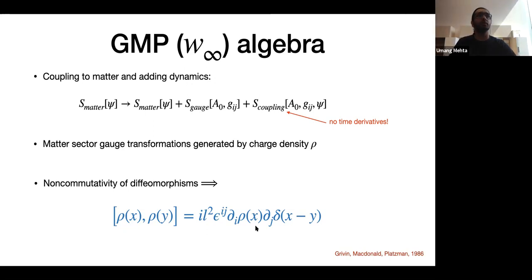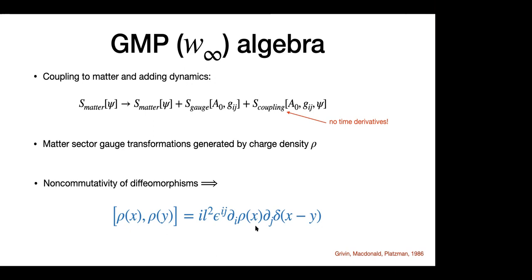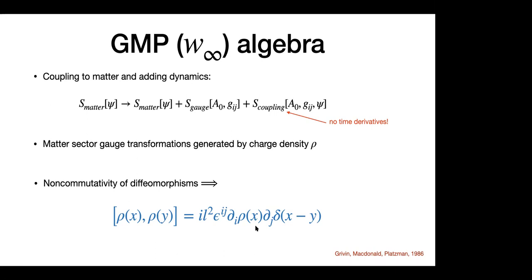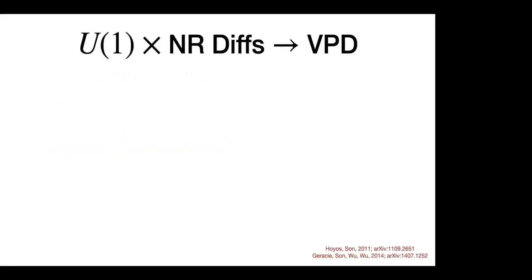Sort of, but also, the capital W infinity algebra, which is the full GMP algebra, is a deformation of volume preserving diffeomorphisms. It's not volume preserving diffeomorphisms. So one shouldn't expect to see the full GMP algebra in a theory that only has volume preserving diffeomorphisms, unless you deform it in some way. I see. Thank you.